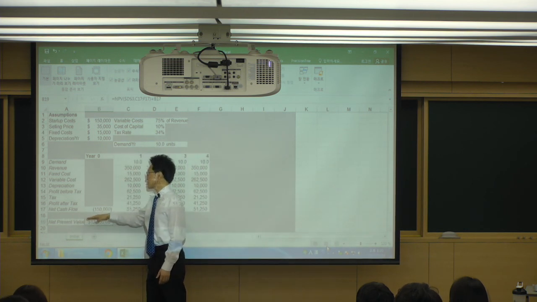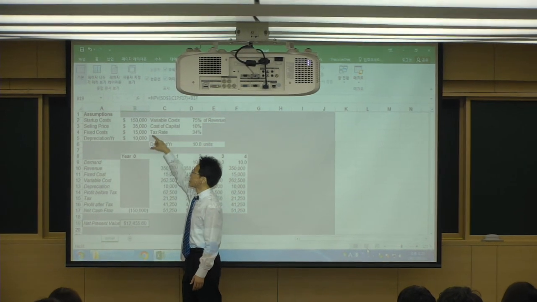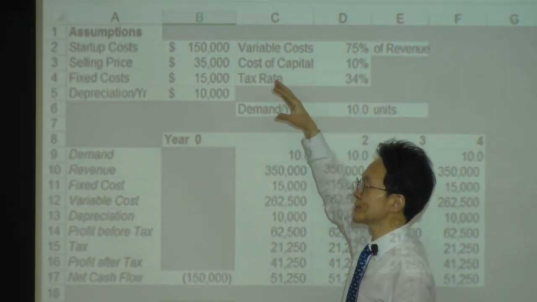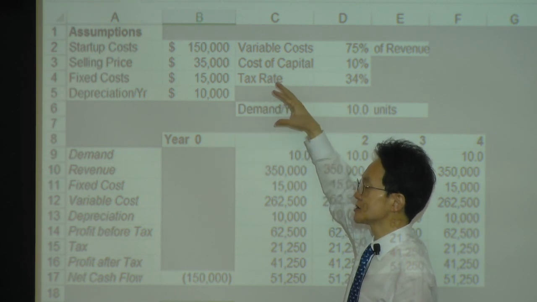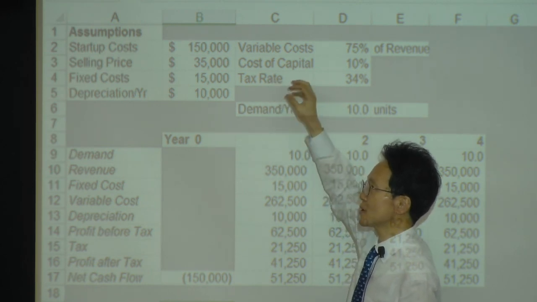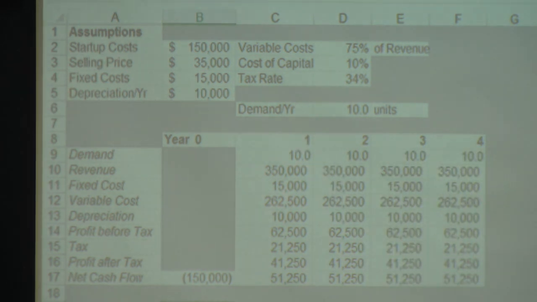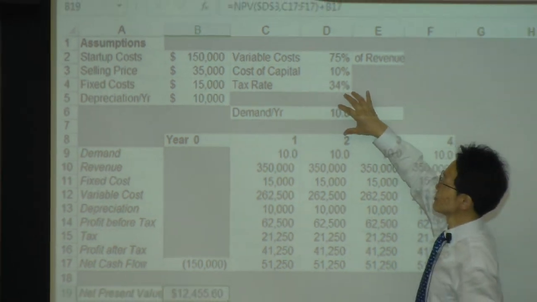So the point is that although we get this net present value based on assumed values, the assumptions are not fixed, are not deterministic. So we have to ask some questions. We have to raise some questions regarding whether these assumptions will be actually true or not. And I want to point out, let's say, the estimate about the demand.